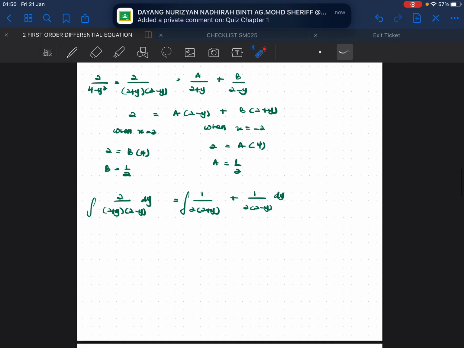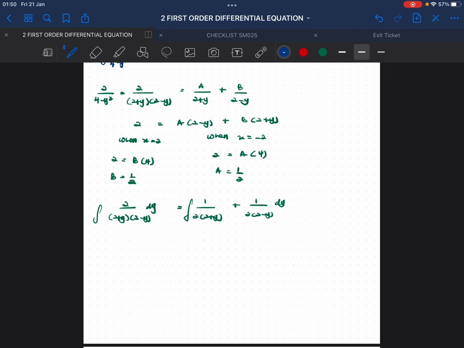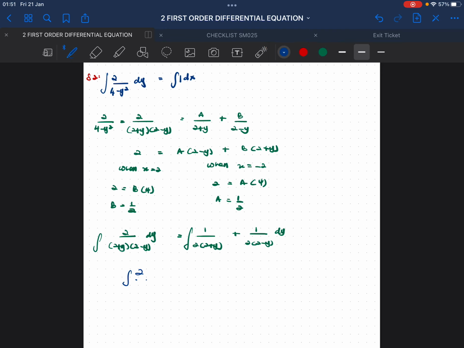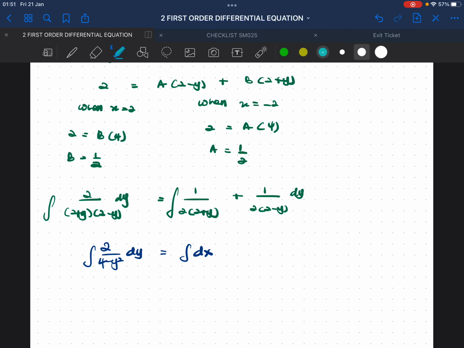Okay, kita tulis balik. Apa yang kita nak cari ialah integrate 2 over 4 minus y square. Okay. 2 over 4 minus y square dy is equals to integrate dx. Okay, what we already found here is actually from the left hand side here.